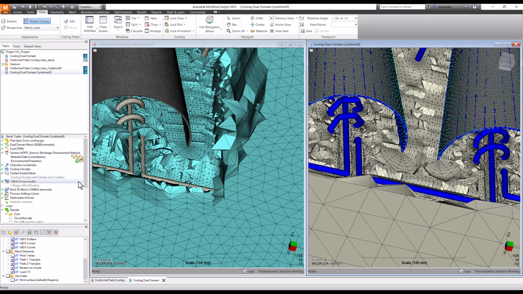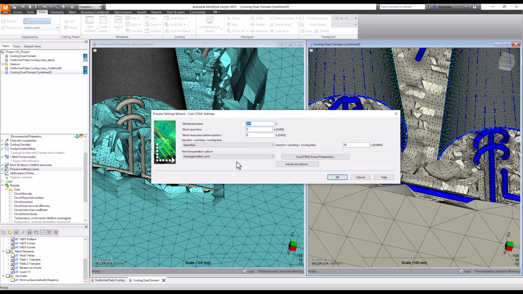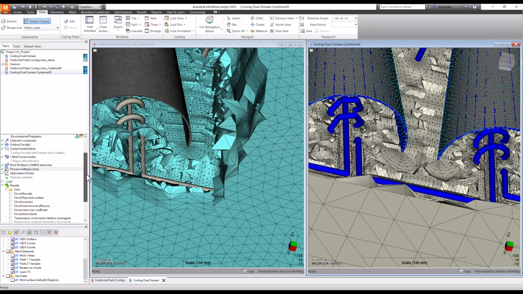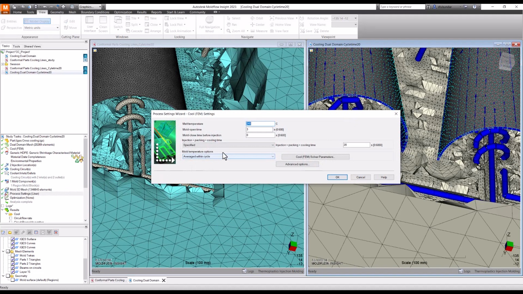Then I ran a Cool FEM analysis. Of course, we are doing all comparisons for the Cool FEM, and I kept the process parameters all the same. For mold temperature options, I have average within the cycle, transient within the cycle, and transient from the startup.